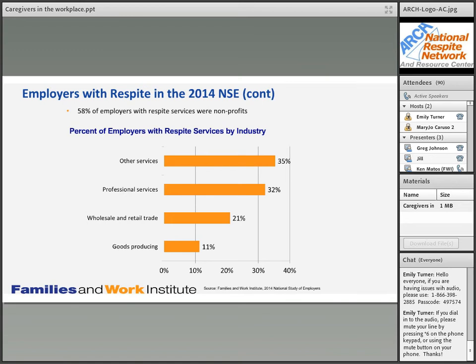Other services is a really catch-all category used by the U.S. Bureau of Labor Statistics, and that's anything from a hair salon to a repair service, generally all of the things that happen on a much more local, personal level, as opposed to the very large-scale industries that tend to be in the professional services, trade, or manufacturing and goods-producing industries that we have below.